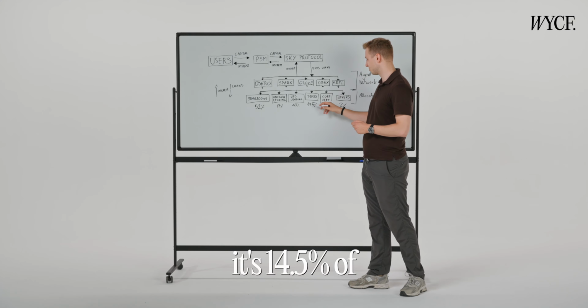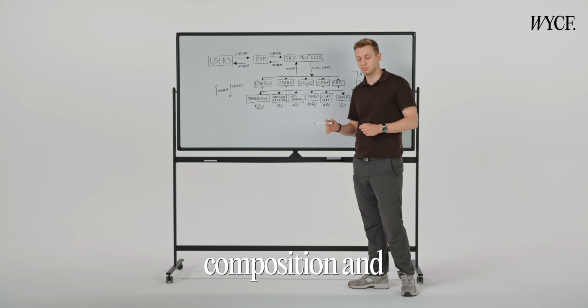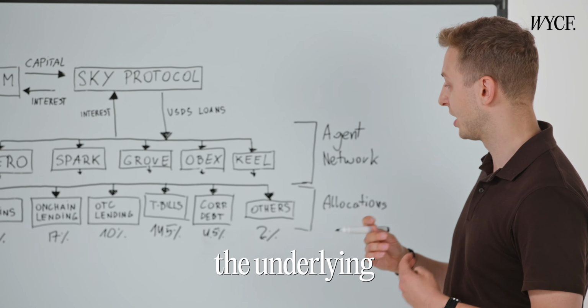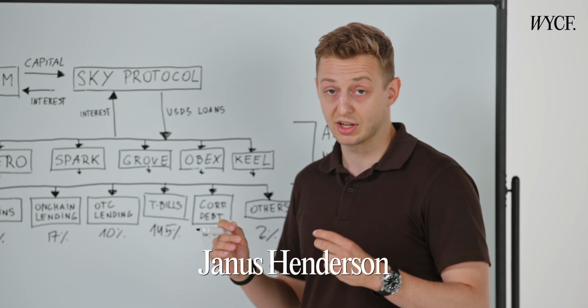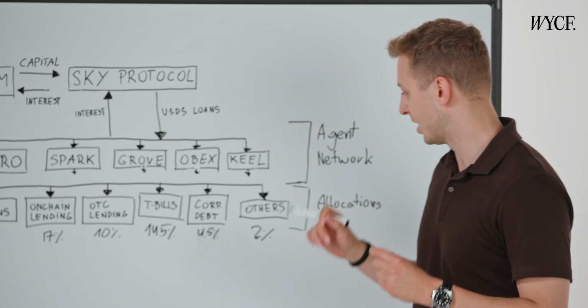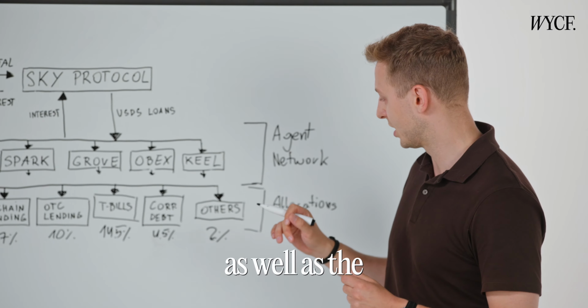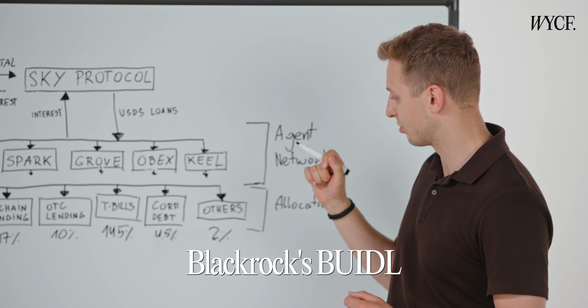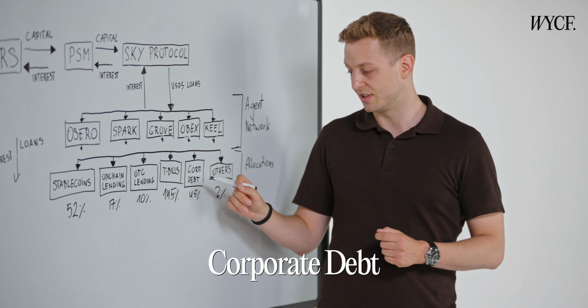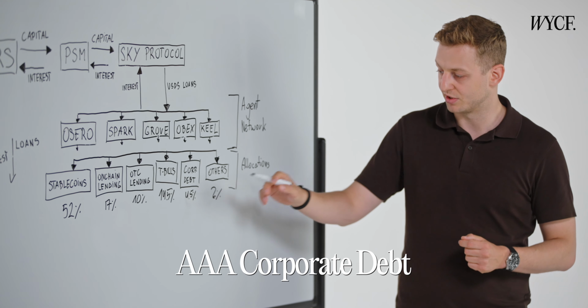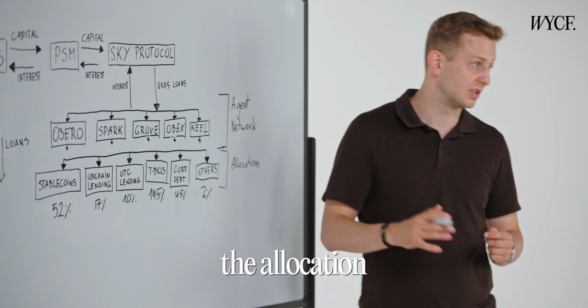Then the T-bills. It's 14.5% of the collateral composition, and the underlying yield is coming from the Janus Henderson fund, as well as BlackRock's BUIDL. When it comes to AAA corporate debt, it's 4.5% of the allocation.